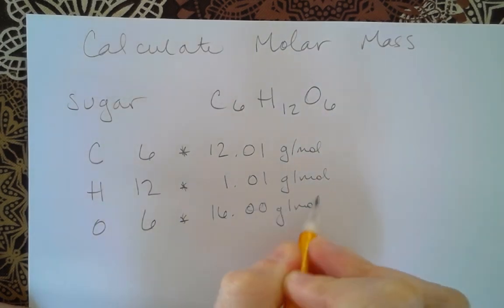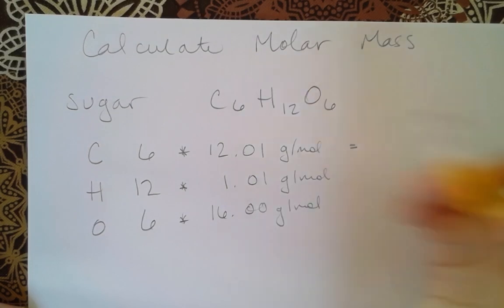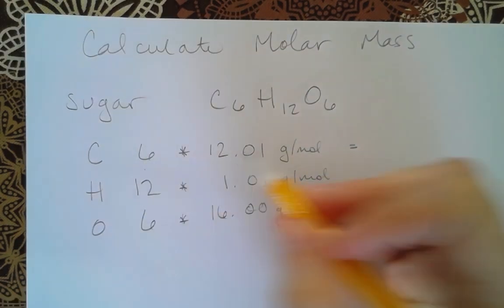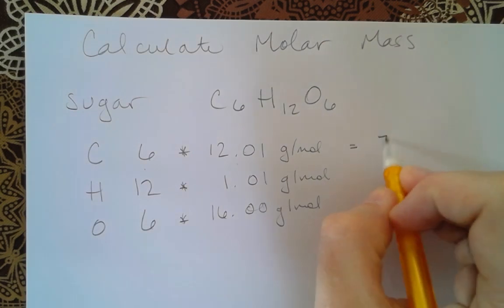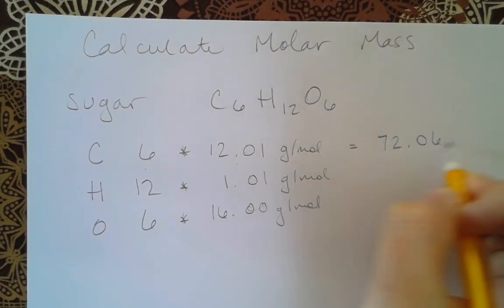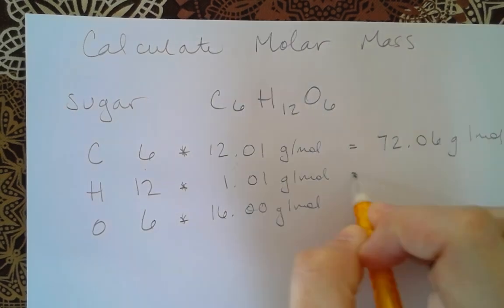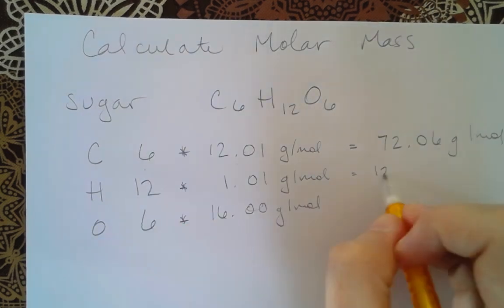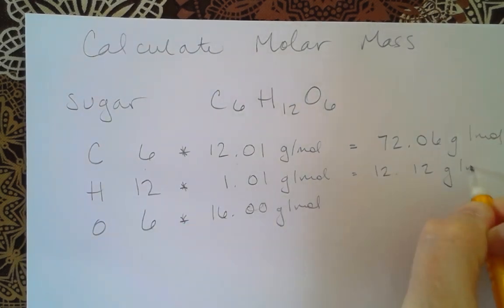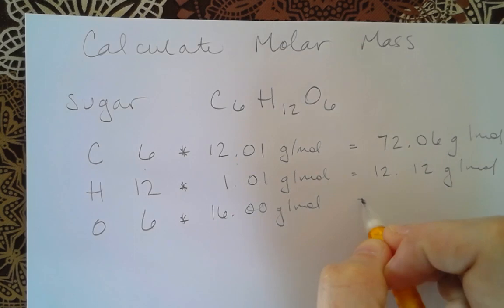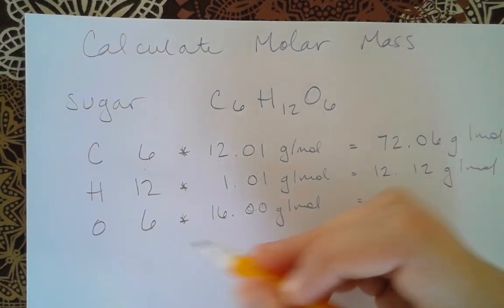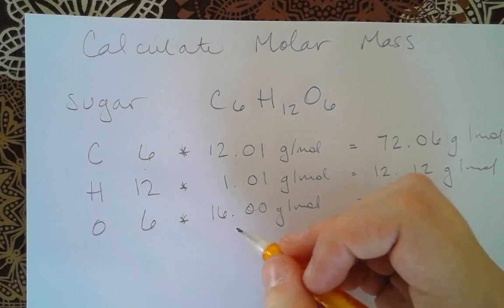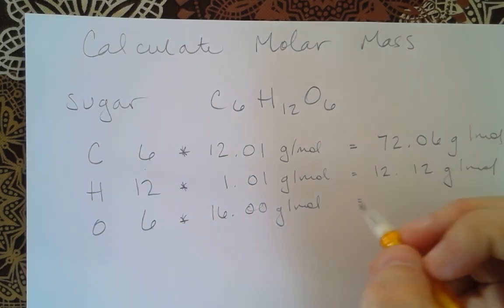Multiply them out, so the 6 moles of carbon all together is 72.06. The 12 moles of hydrogen all together, and the 6 moles of oxygen, each one of which weighs, or has a mass of, 16 grams.